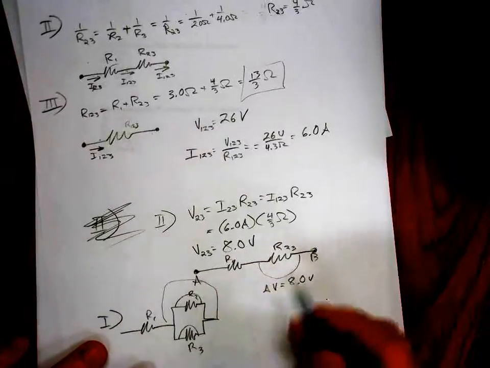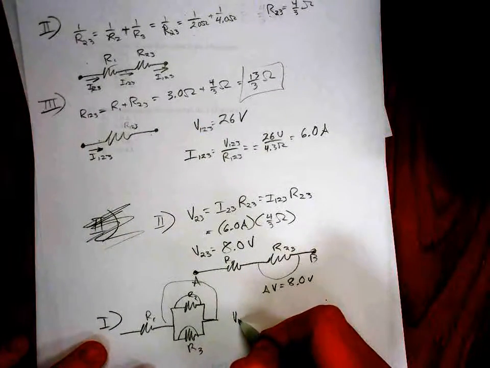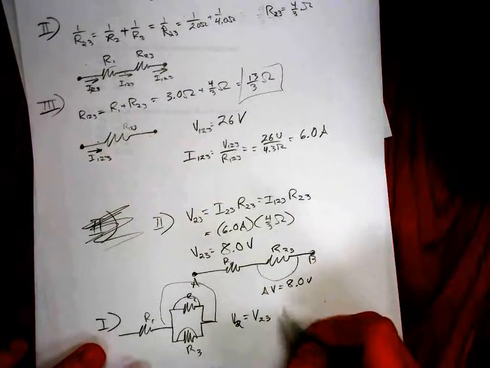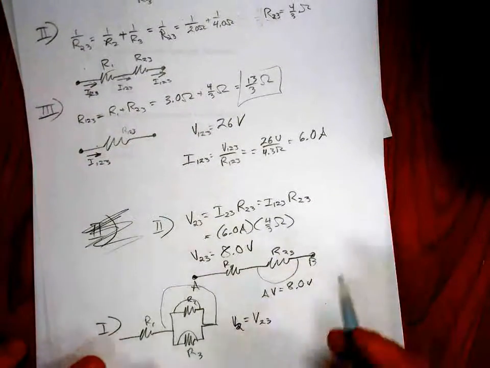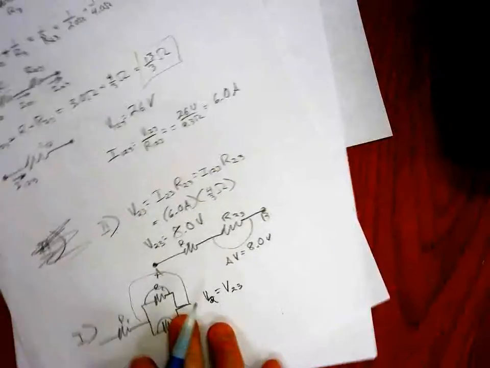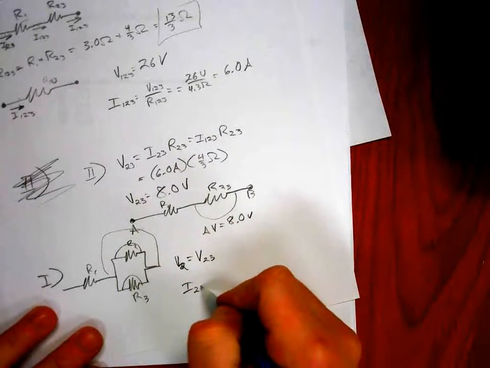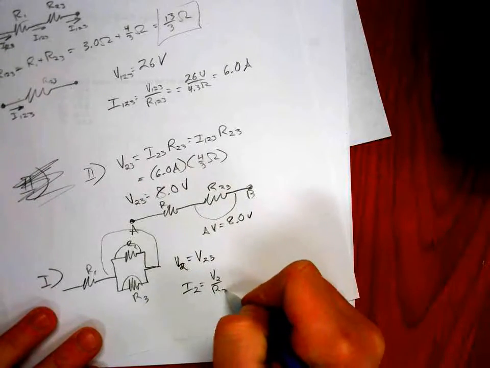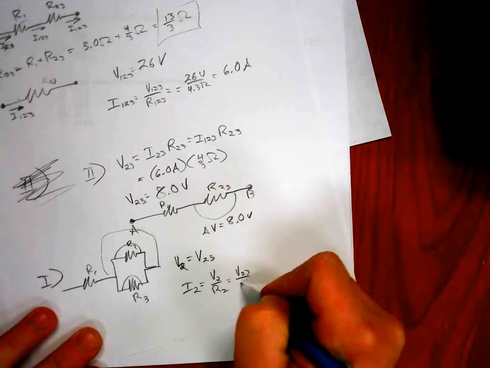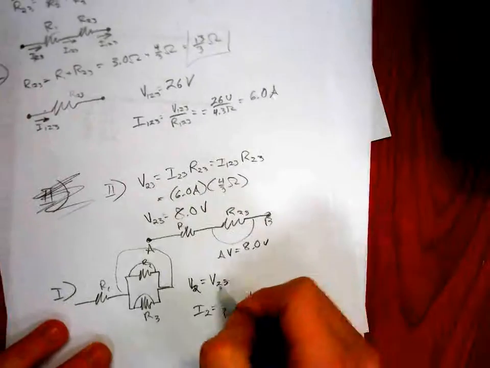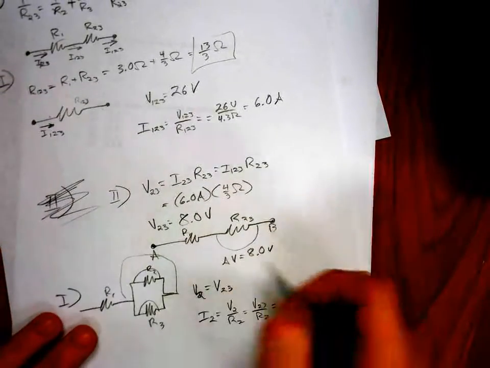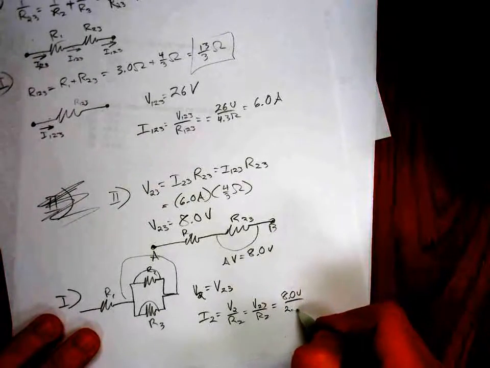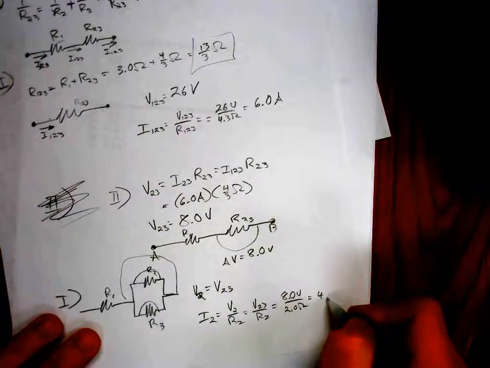So we know the voltage drop across R2, V2, is equal to V23. And what are we asking for? The current. So the current through 2 is equal to V2 over R2, which is equal to V23 over R2, with V23 being 8 volts over R2, which is 2 ohms, and that equals 4 amps.